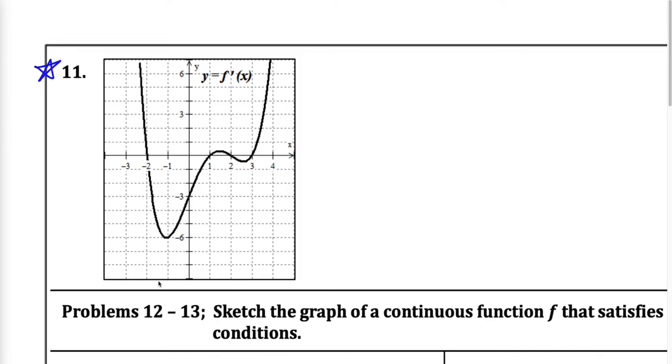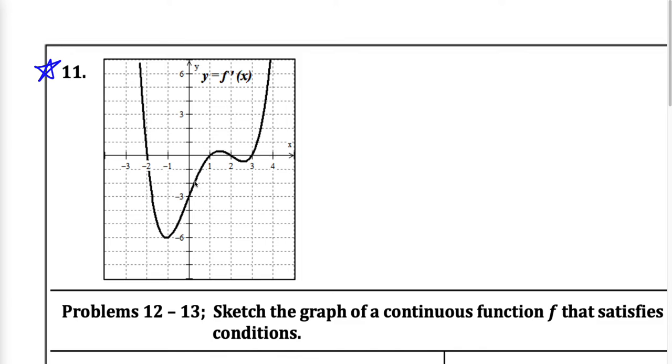Sure. Oh, well then I don't want to cut you off. Where else were you going to say? I was just going to say that those points would be the critical numbers because those would be points where the slope is 0. Actually, no. Your idea is right. If this graph was of f of x, then you would be looking for where the slopes are 0 by looking where it's flat.